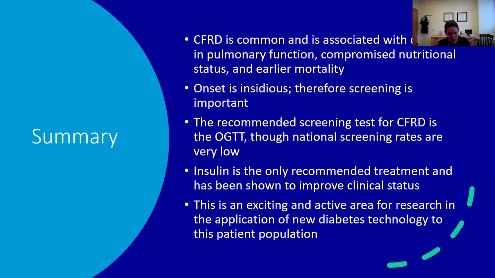But I will say, as we start to see more obesity, more overweight, more metabolic syndrome, as people are gaining weight and living longer with CF, I do believe that there is going to be a role for some of these non-insulin therapies for people with CF, including the GLP-1 agonist family of medications, and SGLT2 inhibitors, especially with their renal protective effects. So I think this is going to be a very important area of future research in this patient population.